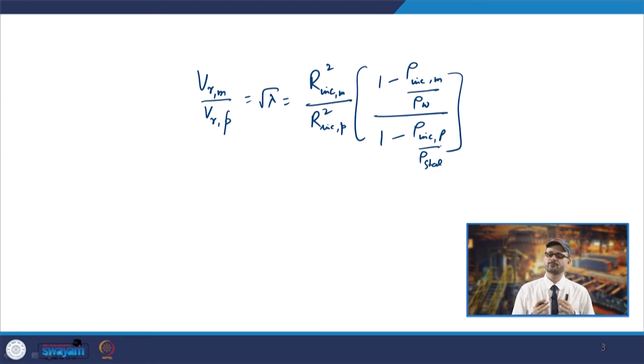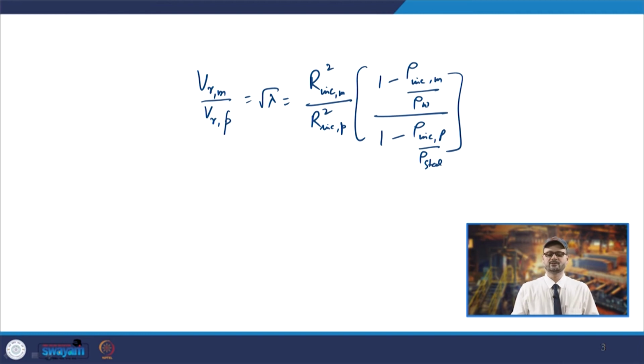Now, if these density ratios, rho inclusion model by rho water and rho inclusion prototype by rho steel, are taken the same, in that case you will have 1 by 1. This radius can then be expressed in the form of the scale factor.